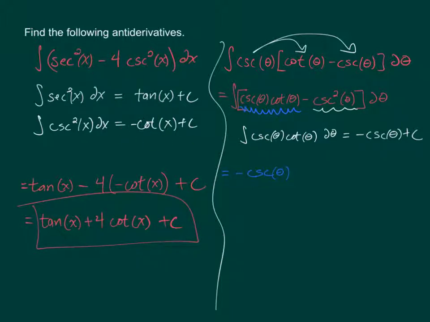That should give us minus a negative cotangent theta, all plus c. So the final answer, after simplifying, subtracting a negative, will end up being negative cosecant theta plus cotangent theta plus c.